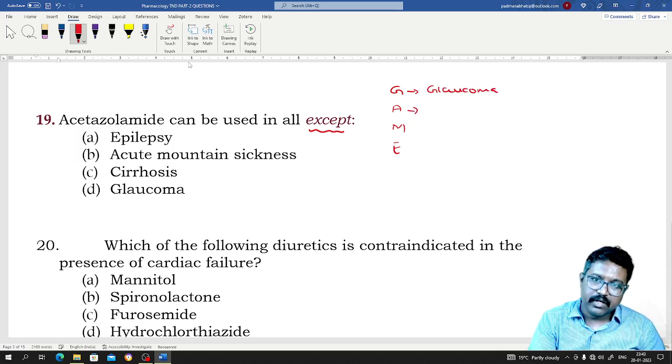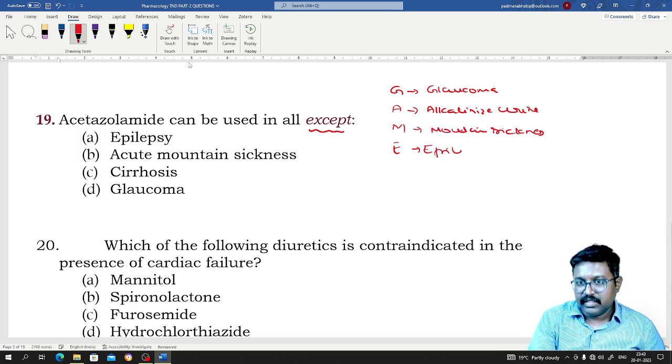They are used for alkalization of urine, to alkalize urine, for mountain sickness, acute mountain sickness, and in case of epilepsy, that is the catamenial epilepsy. So you can use it here.